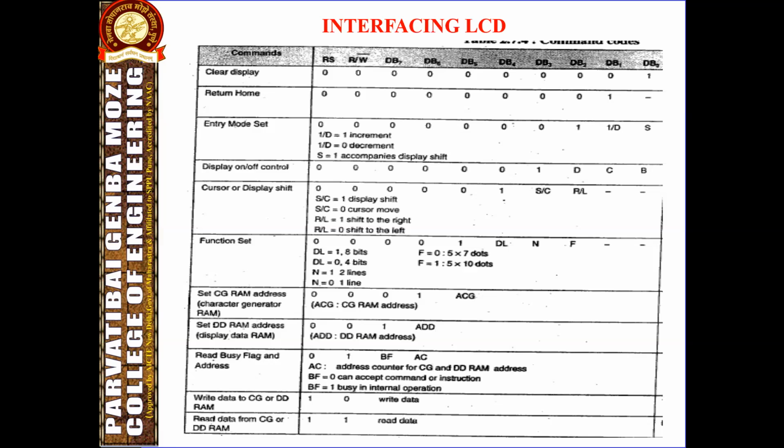If it is 1, it indicates the LCD is busy. Hence again make E equal to 0, then E equal to 1, and check the busy pin, repeating until the busy pin equals 0. So this is the ready subroutine. These are some of the steps we have to consider while interfacing the 8051 with the LCD display.